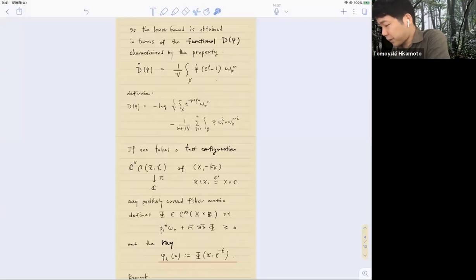So the generic fiber is, in particular, using the C-star action, using the C-star section, isomorphic to the simple product space of X with the line.